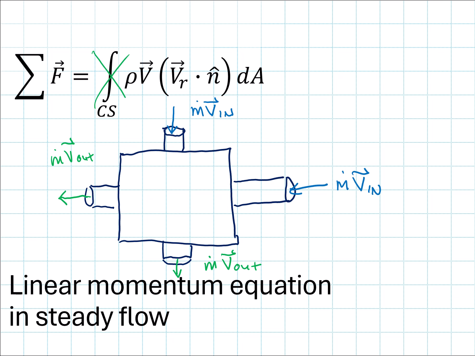It's more information than I really need. So I can rewrite the term on the right-hand side by just adding up all of the places where momentum is fluxing out and then subtracting the sum of all of the places where momentum is fluxing in, like this.